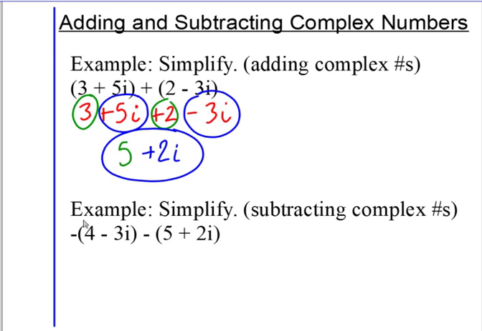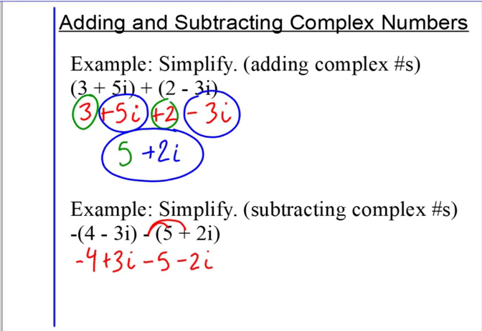In the second problem, when we want to simplify by subtracting complex numbers, we need to deal with the fact that a negative sign does affect the stuff inside of the parentheses. A negative and a positive 4 does make a negative 4. A negative and a negative does make a positive 3. A negative and a positive makes a negative 5. And a negative and a positive, so it's kind of like distribution, makes a negative 2i.